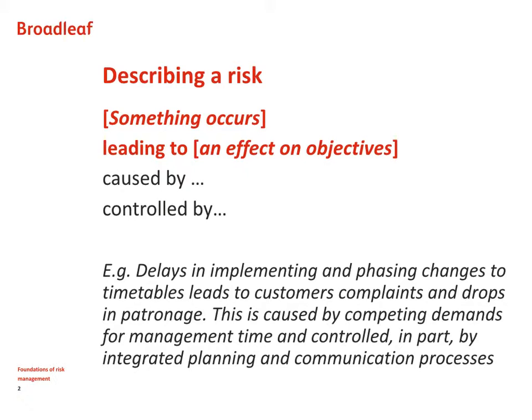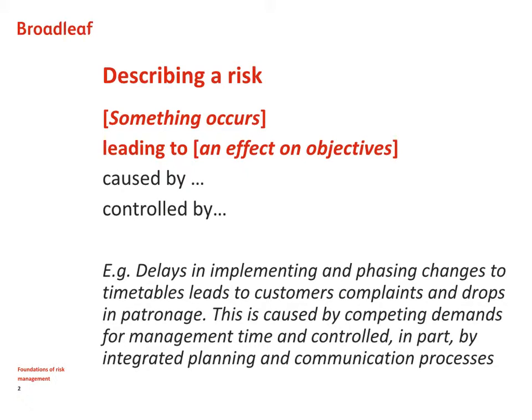If things happen that lead to effects which have no real implication for our objectives, then they're not risks. It's only those things which have effects that materially affect our objectives which we should consider as risk, and therefore we need to understand.